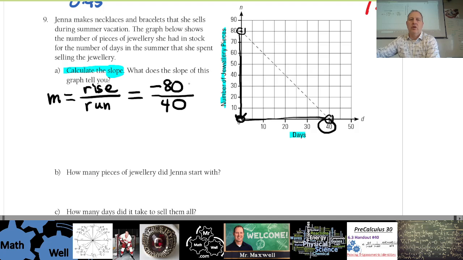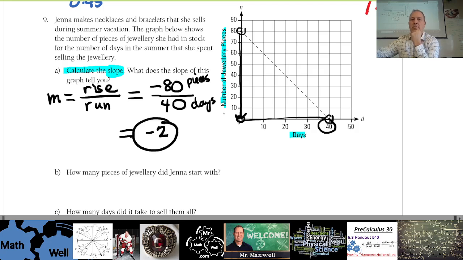Okay, and the units would be pieces per day, right? Pieces and days. So what is this negative 80 over 40? When it's simplified, what do you get there? Negative 2. Okay, so negative 2 is the slope, right?